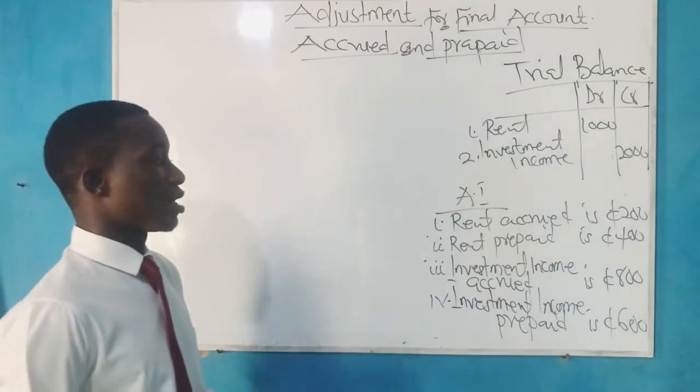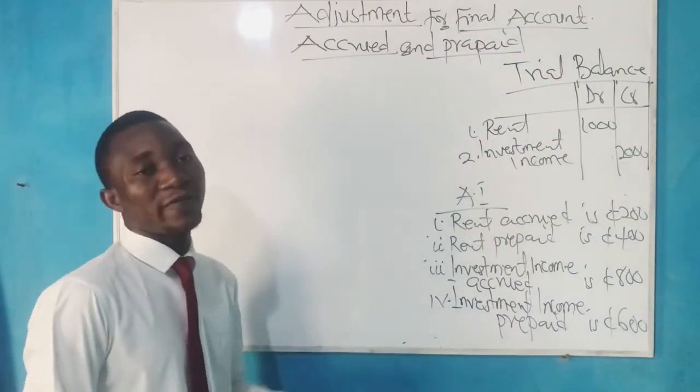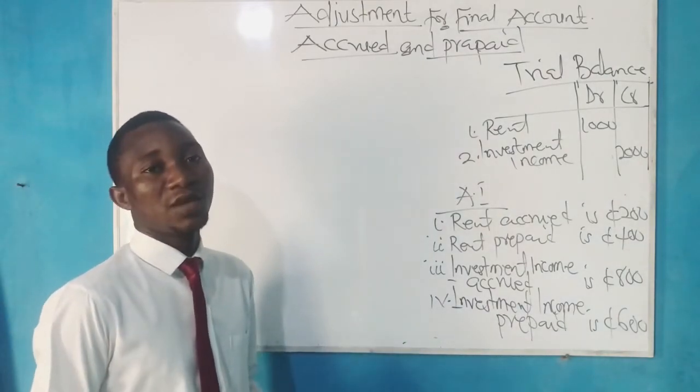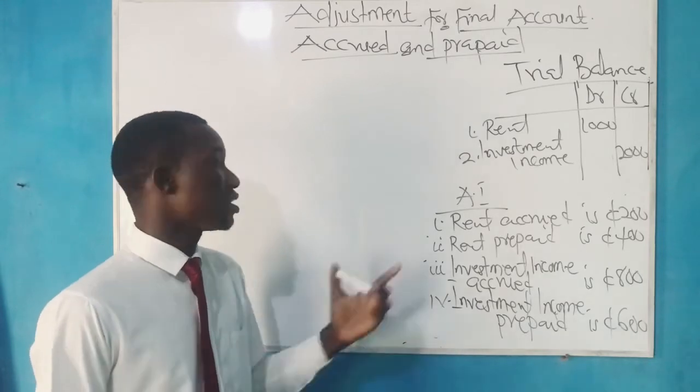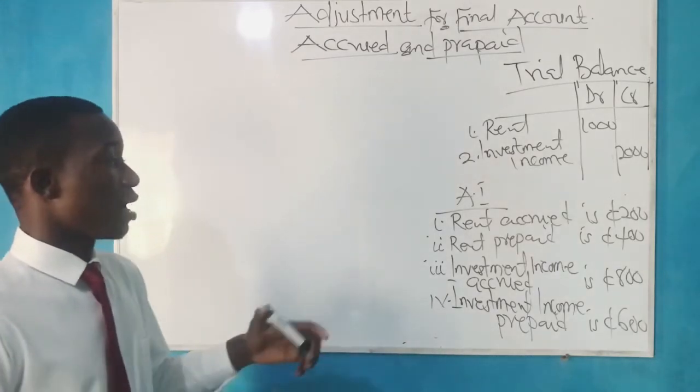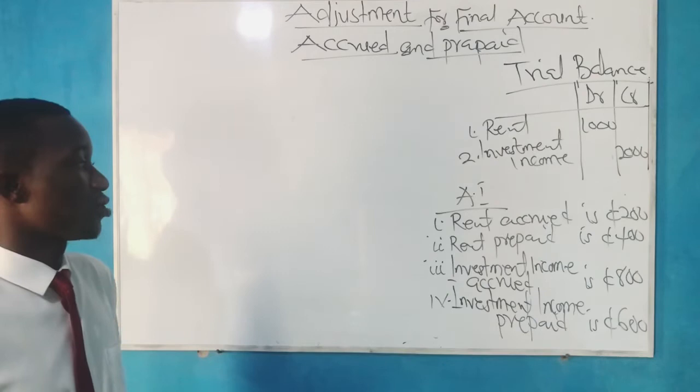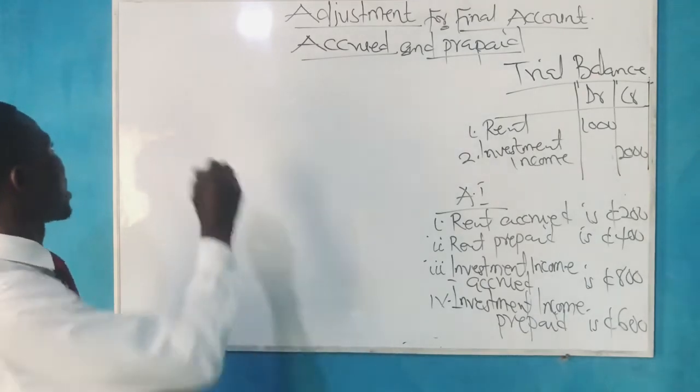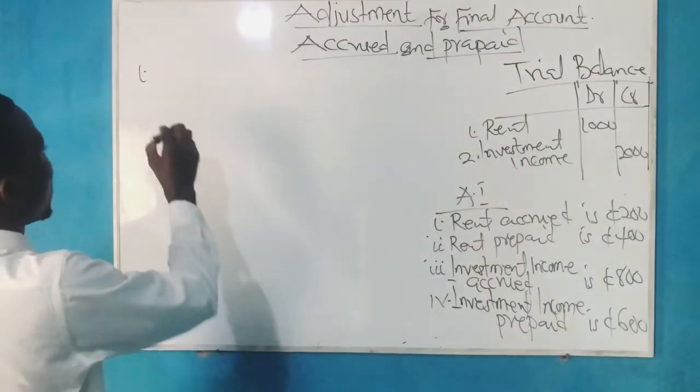So we are going to look at a situation where these items will be found in the additional information, or further information, and we will see how we will adjust them in the final account of a sole trader. So basically, we'll be looking at how we'll be treating expenses accrued.